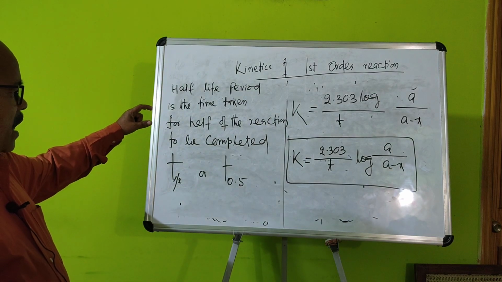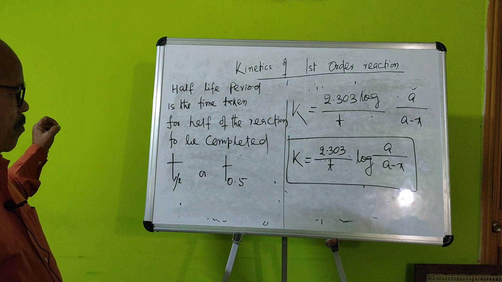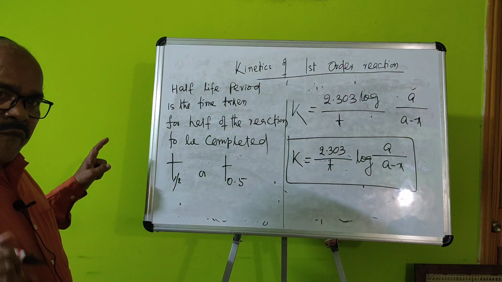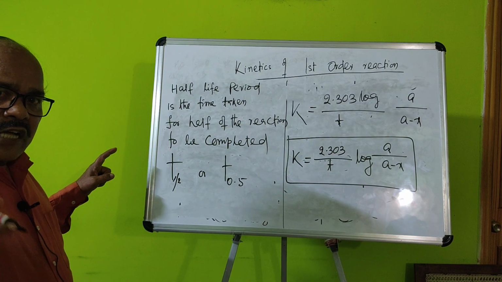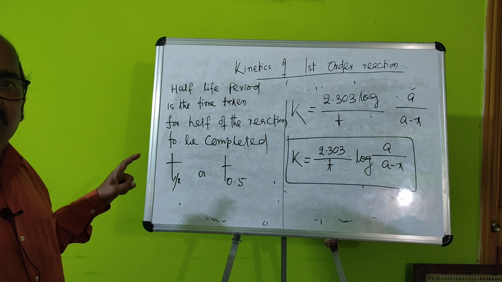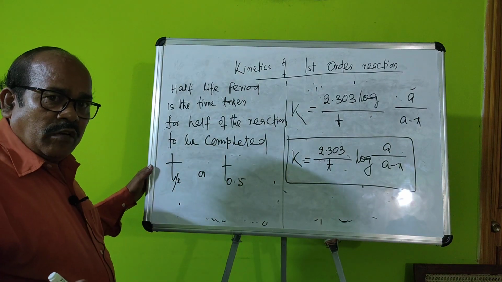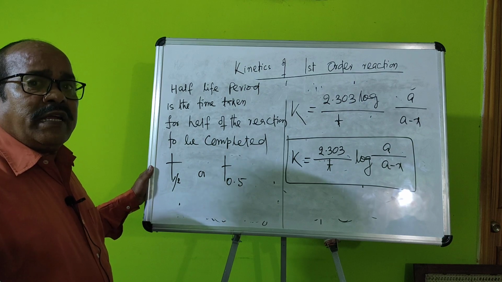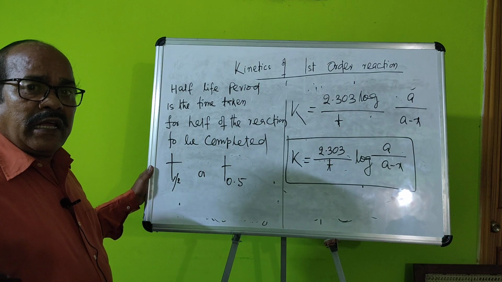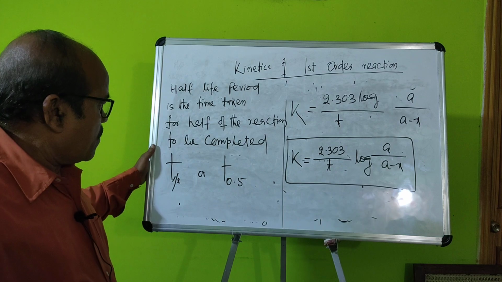If the life period is 10 minutes, its half-life period is not 10/2. Rather, for this reaction to be half completed, whatever time it will take, that is called its half-life period.